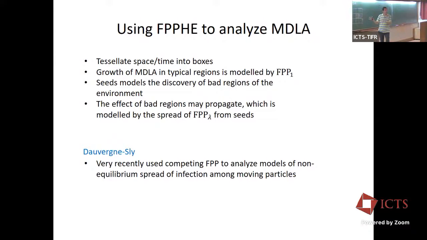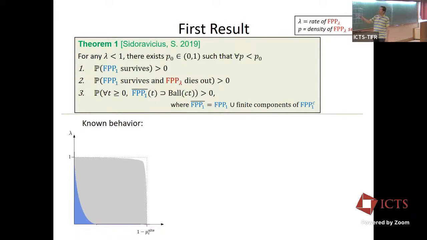Finally, we also show a bulky behavior. This is the set of sites occupied by FP1, including the finite components of the complement, and this contains a ball of radius c times t for all t, so it has positive speed and is bulky. So that's the picture when p is small.